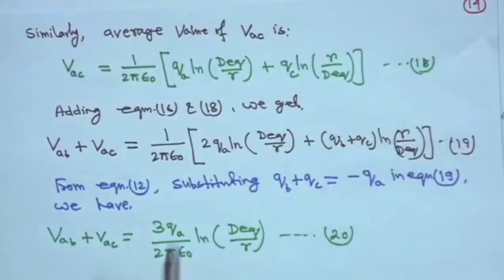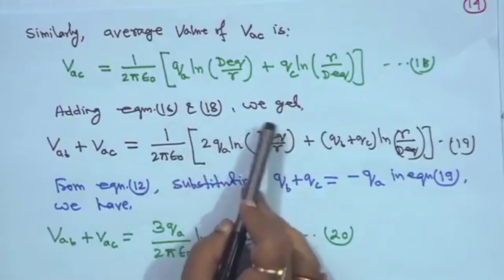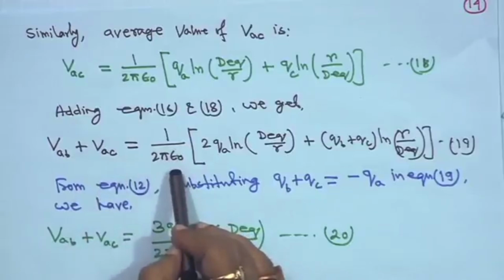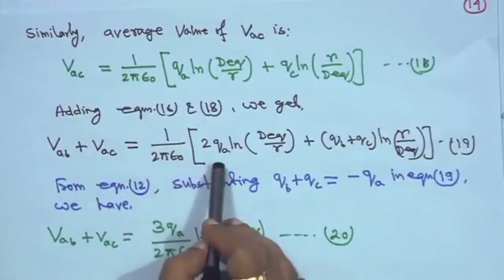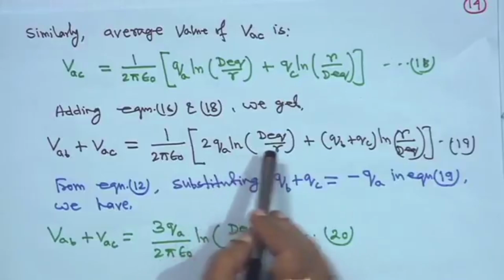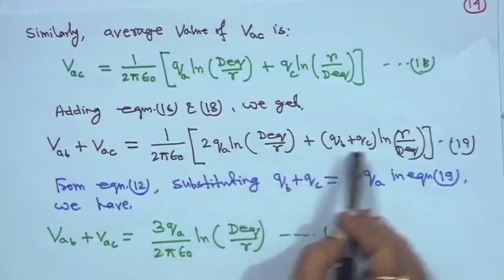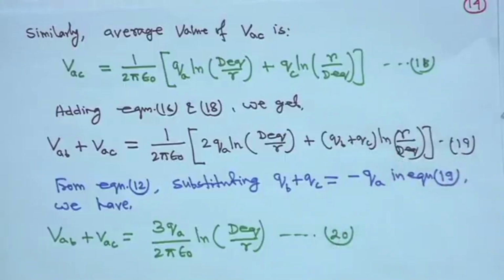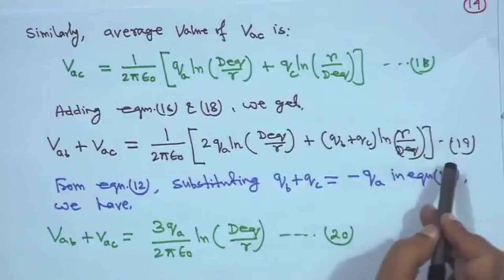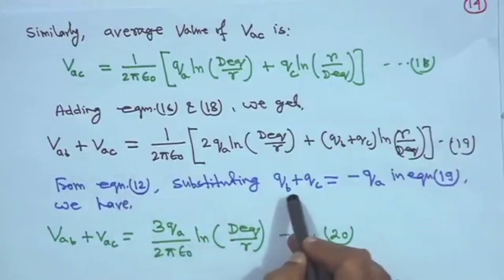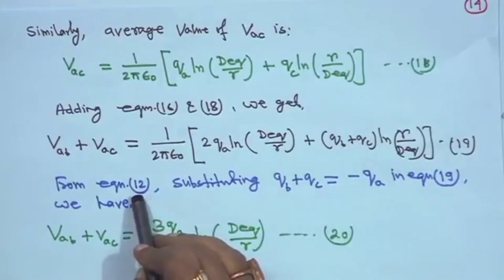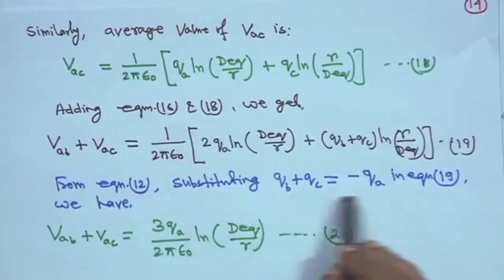After this you add equations 16 and 18, that means V_AB plus V_AC, these two you add. If you add, it will be 1 upon 2 pi epsilon 0 times 2 q_A ln d_eq upon r plus (q_B plus q_C) into ln r upon d_eq. This is equation 19. But we know from equation 12 that q_A plus q_B plus q_C is equal to 0. Therefore, q_B plus q_C is equal to minus q_A.